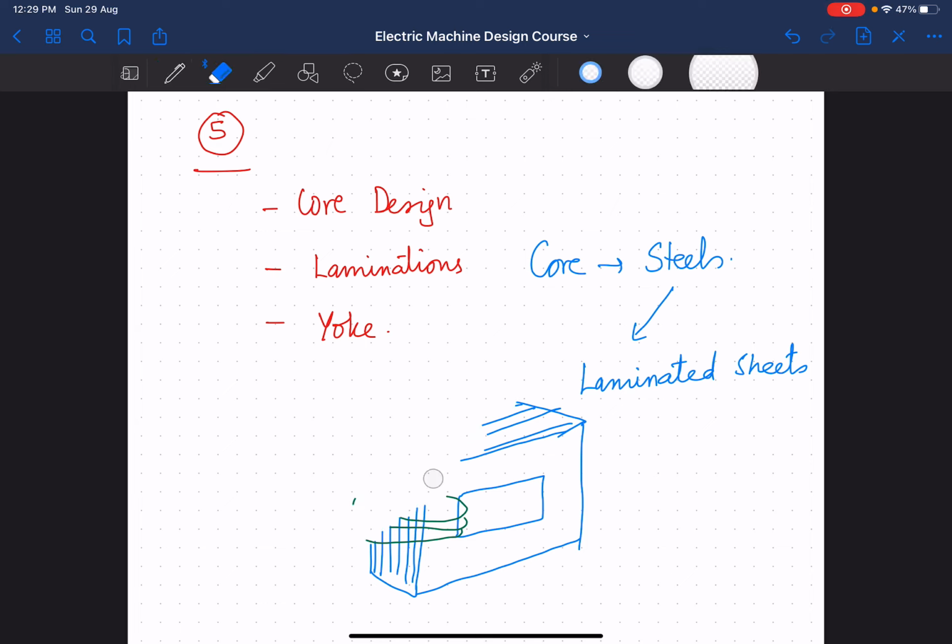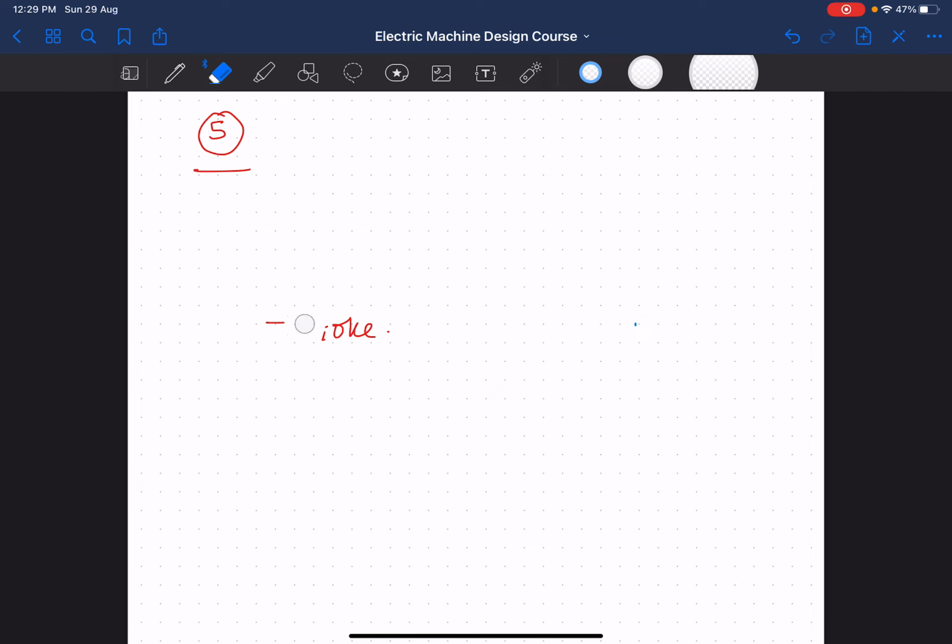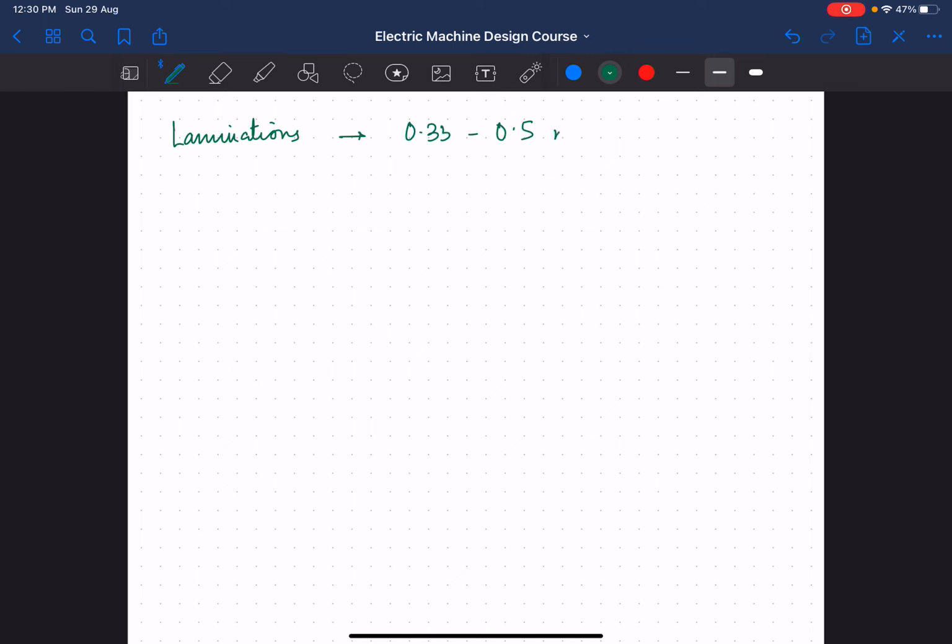Now, these laminations or laminates are about 0.33 to 0.5 mm thick, and they are made of transformer grade steel.